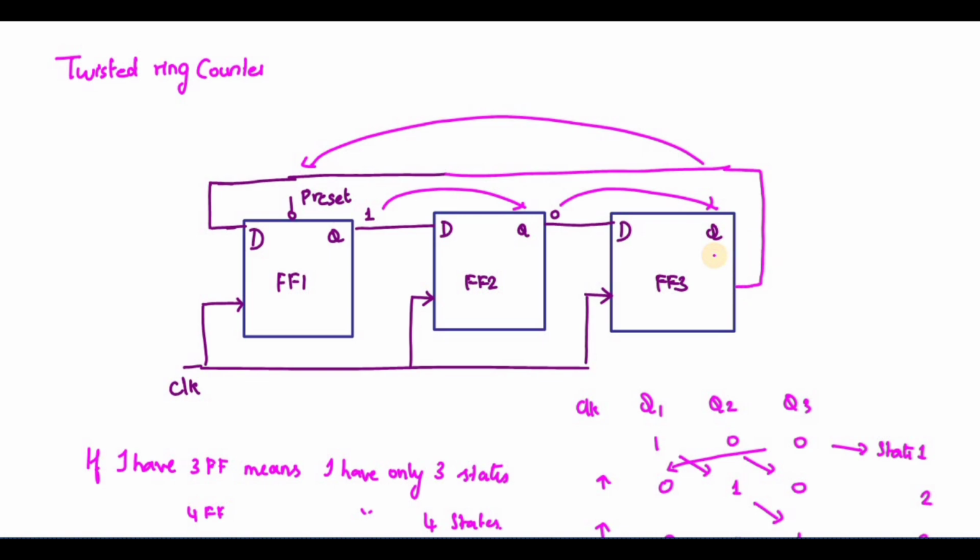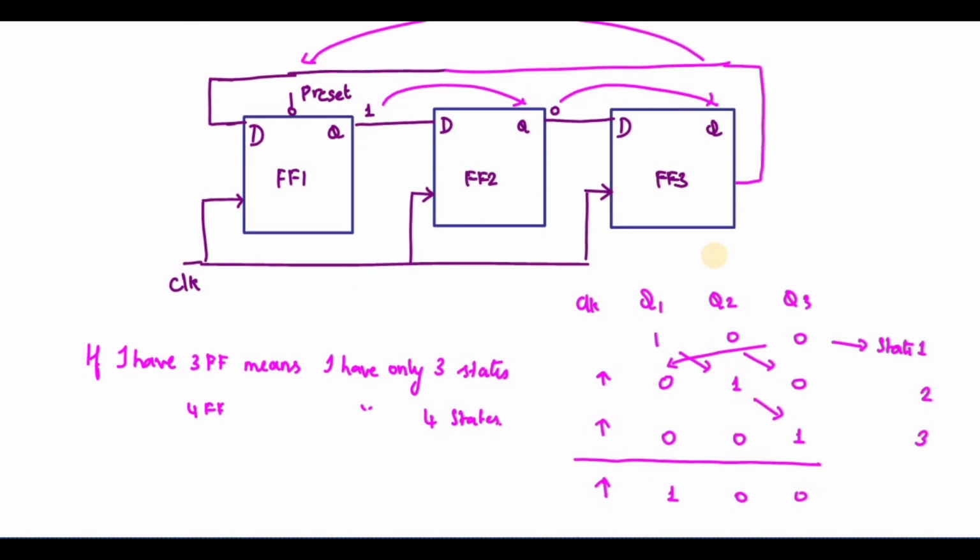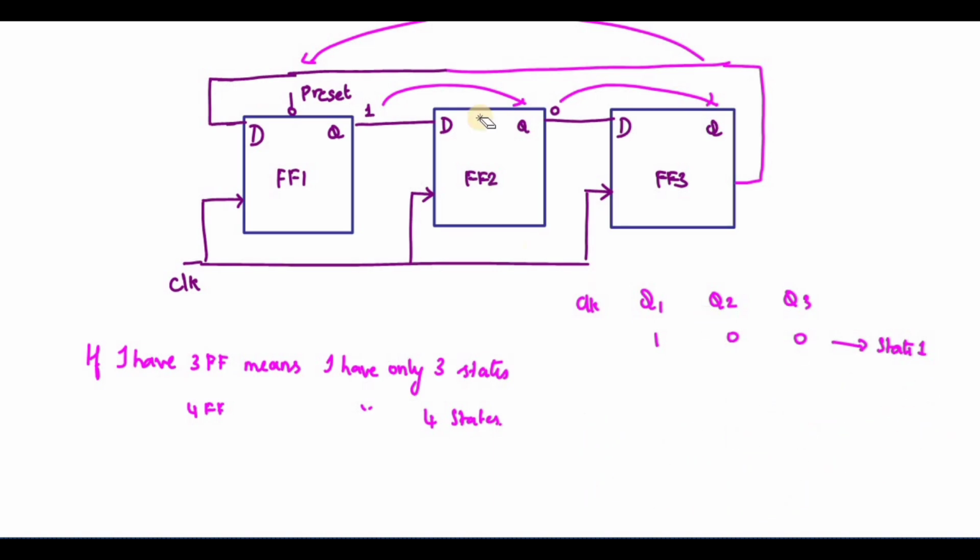Suppose the initial state is 100, with the help of preset I have fixed the value as 100. Instead of 0 coming to Q1, it has to be inverted. If it is inverted, I will get 1, right? So this is the same as the ring counter, and I will get 100 whenever the clock goes positive.